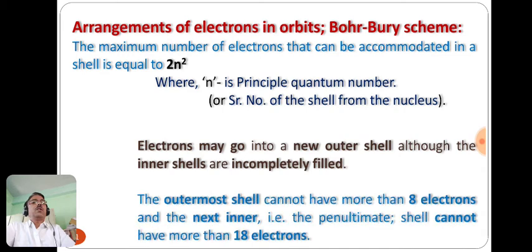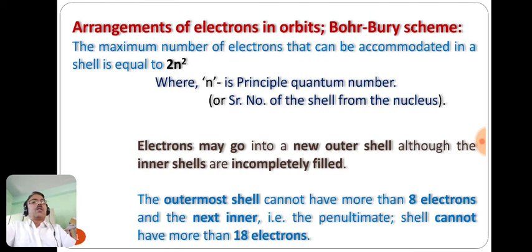The third rule states that the outermost shell cannot have more than 8 electrons, and the next inner, that is the penultimate shell, cannot have more than 18 electrons.